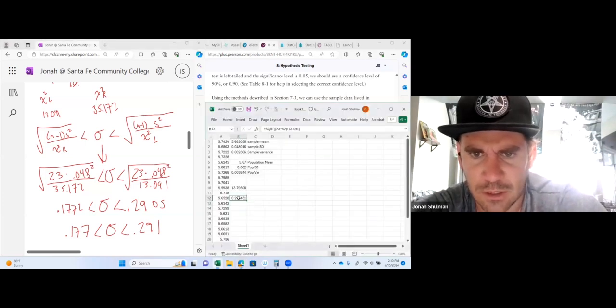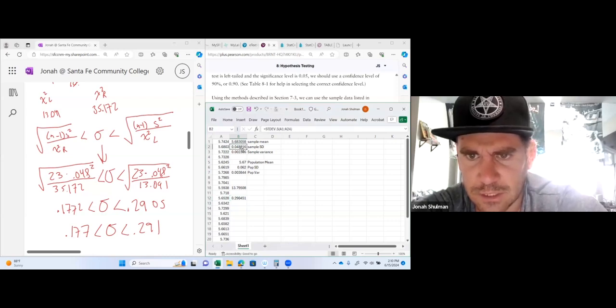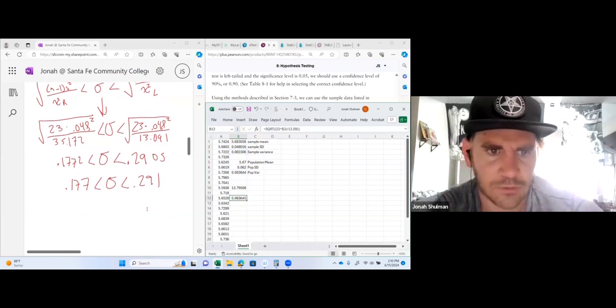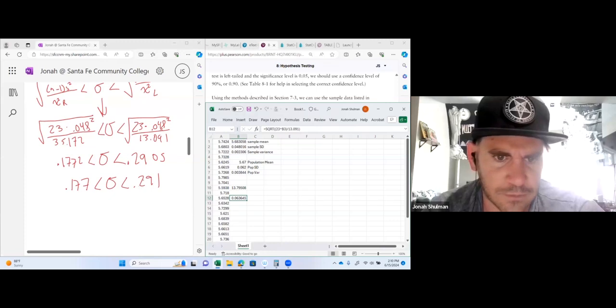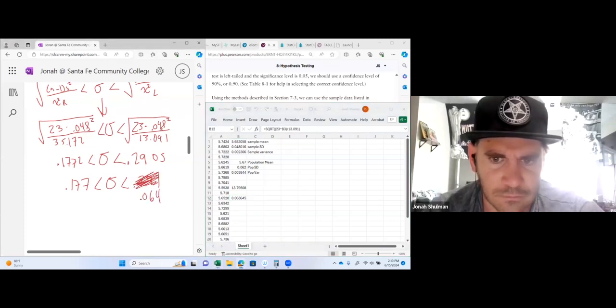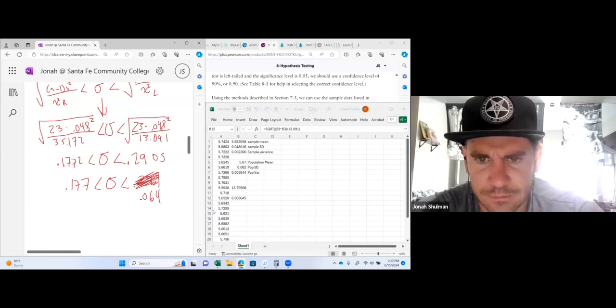So basically, we're using the 0.02 instead. So instead of B2, we're using B3. Just got to change this to B3. So there's the 0.064. And here's the other one.